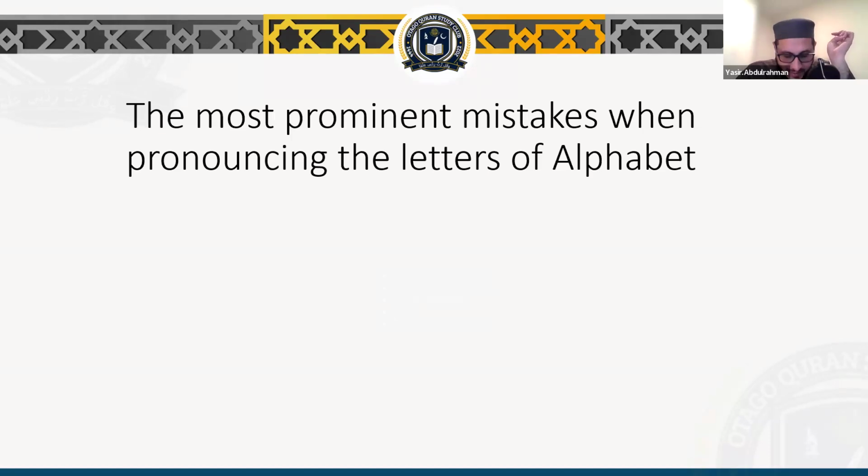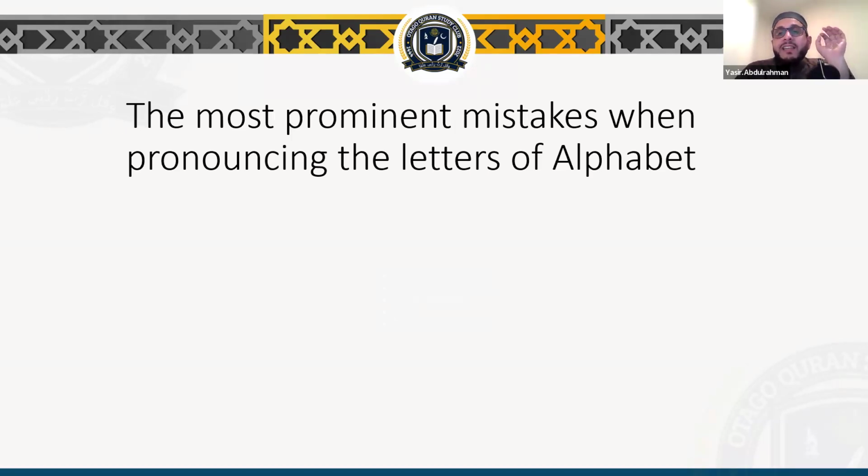The second common mistake is putting the tip of the tongue at the gums or the inner surface of the upper incisors. I don't know even how they do it, but they are trying to mimic the definition as per some of the scholars, right? So they say والثاء والذال والظاء للعليا من طرفيهما ومن بطن الشفة.